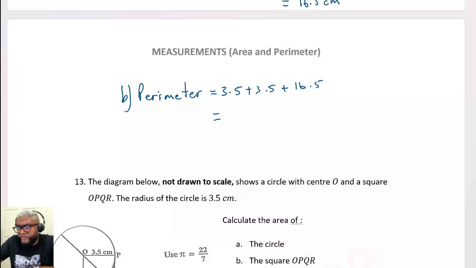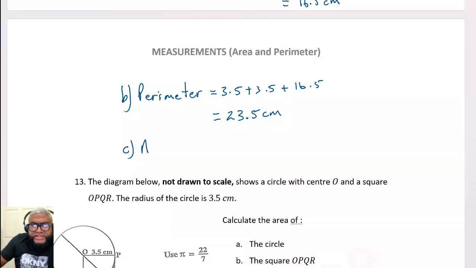I'm not hearing the crew. Go ahead. 23.5. Somebody second 23.5. Correct. And we proceed to find the area of the sector now.